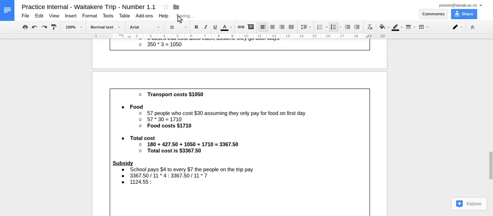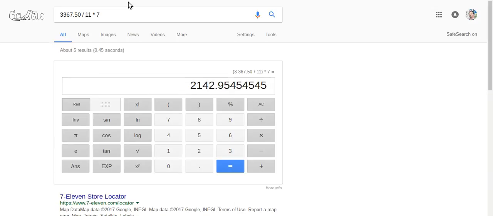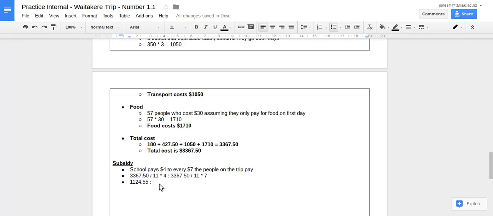And then I'll put the other calculation in, and we get 2142.95, rounding to 2dp as well.